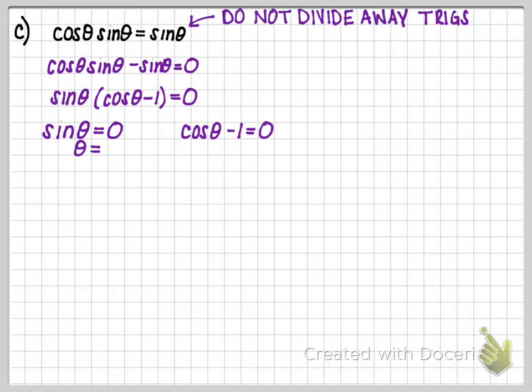Alright, that's going to happen at pi over 2 and 3 pi over 2. Wait, no it's not. Sine is equal to 0 at 0, pi, and 2 pi.